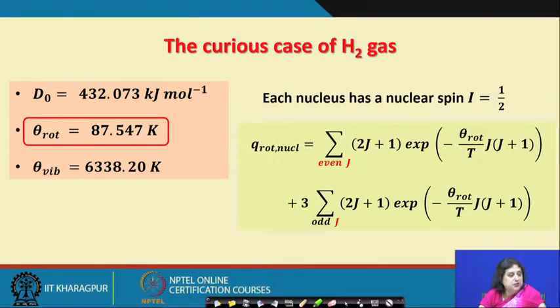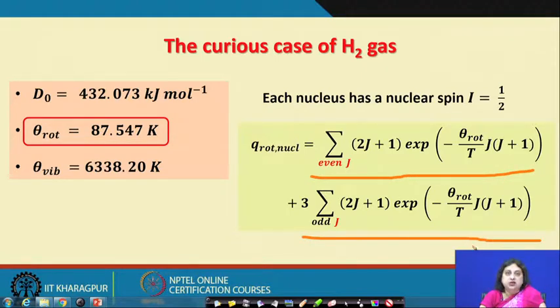Following those prescriptions, we find that this contribution to the single particle partition function is going to be comprised of two parts. Therefore, in the case of hydrogen gas, all the thermodynamic properties are going to have two different contributions, one associated with the symmetric nuclear wave functions, the other associated with the antisymmetric nuclear wave functions.